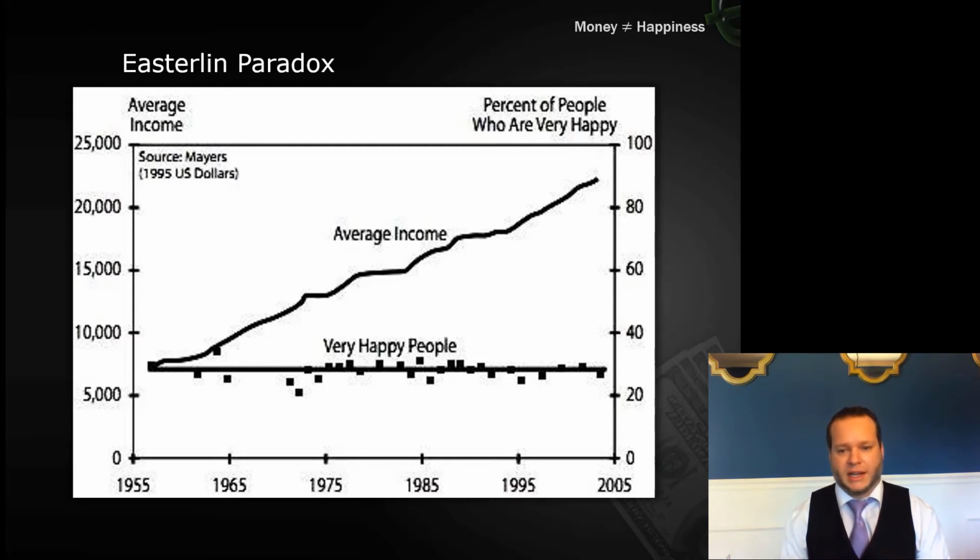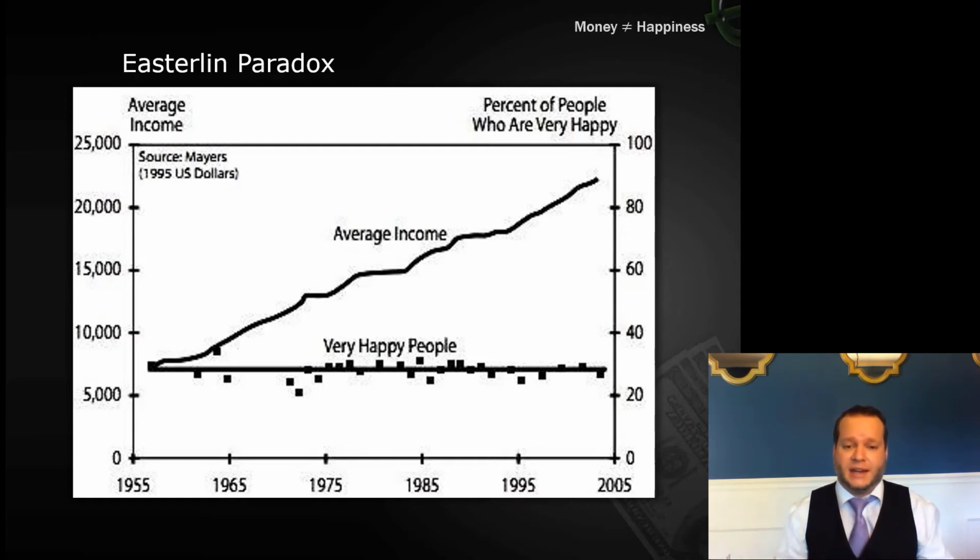People in 1955 have a lot less money than people in 2005 had. And yet the percentage of people who report being very happy does not change as our incomes go up. Doesn't change. So this leads you to believe this money and happiness, there's no connection there, right? They have more money, they're not happier.